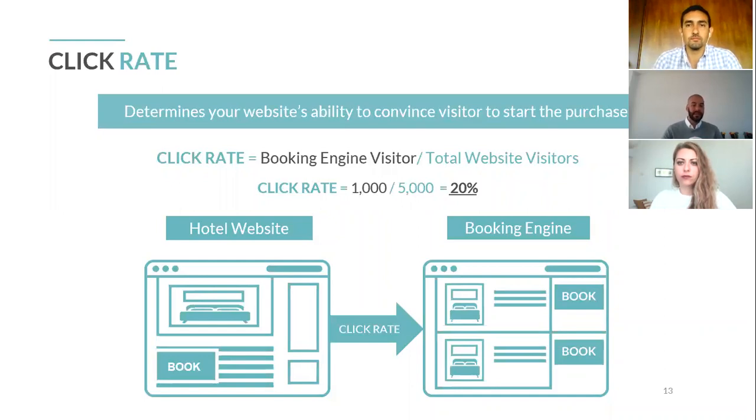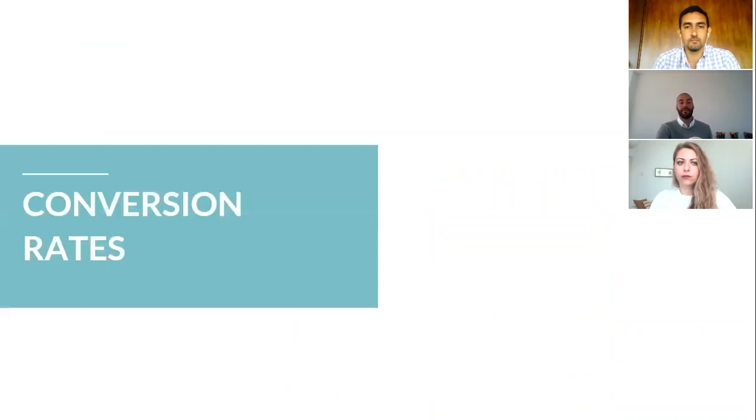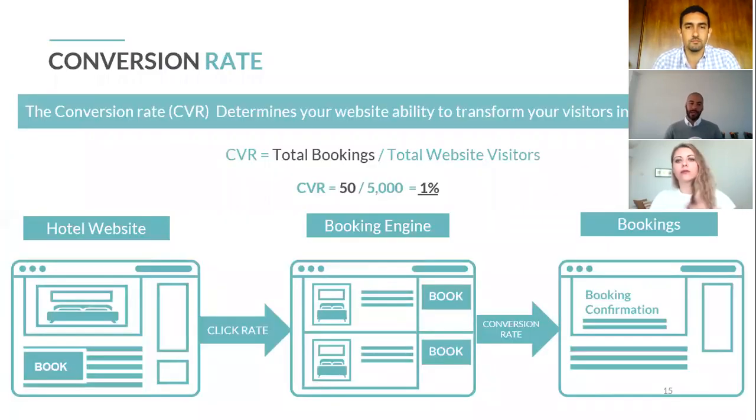Which leads us to the next metric, which is the conversion rate. In this case, we talk about two different conversion rates, not to be confused. We start first with the overall conversion rate. That's your whole website's ability to transform your lookers into bookers. In this case, we're talking about your website as a whole, which includes the booking engine.